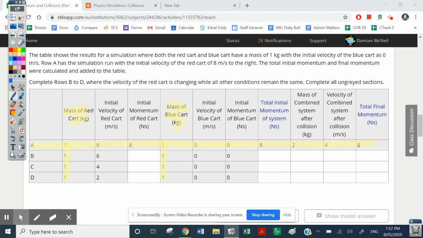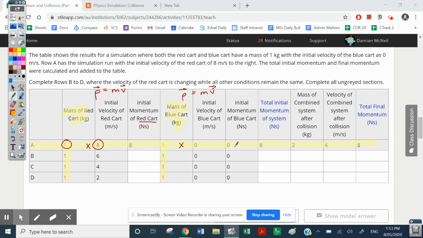So to find the momentum of the red cart, remember momentum is equal to mass times velocity. The mass of the cart is 1 times the velocity, 8, and that gives us 8 newton seconds here. Similarly, the mass of the blue cart is 1, but the velocity of the blue cart to start with is 0. So 1 times 0, remember, once again, momentum is mass times velocity, then 1 times 0 is 0.